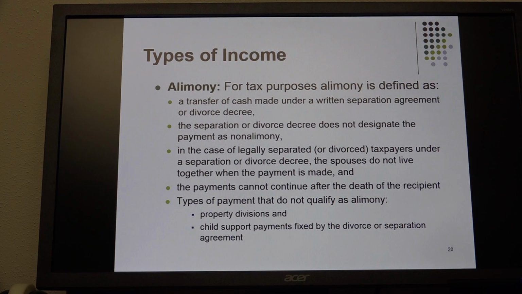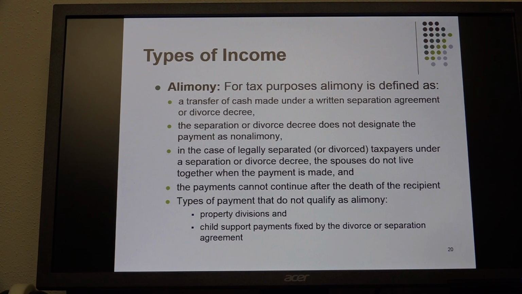Now note, just for future reference, because we'll talk about that in a minute, down in the for AGI calculation, which is the stuff starting at line 23 down to line 35, notice line 31A, alimony paid.